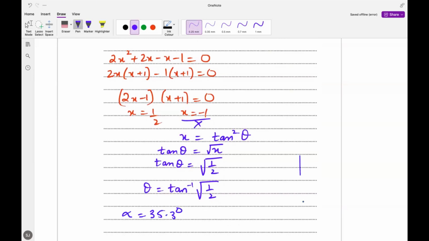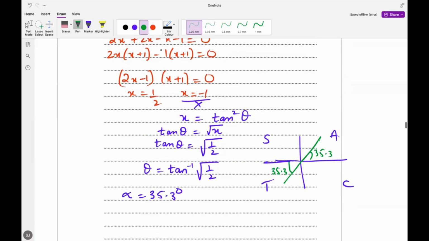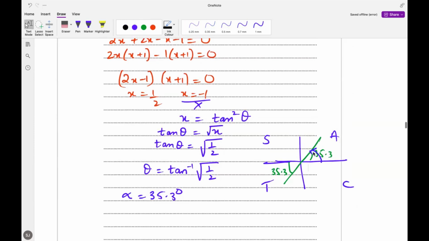Now we know that tan is positive in the first and the third quadrants. So we'll make the 4 quadrants. Tan is positive in the first quadrant and tan is positive in the third quadrant. So the first value will be 35.3.